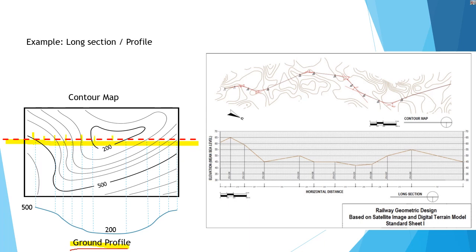Then you can draw the profile. Now we know that at this position, wow, it's quite low, and here it's a very high, 300 meters difference. You have to go down and go up if you don't want to make any adjustment to this existing road.